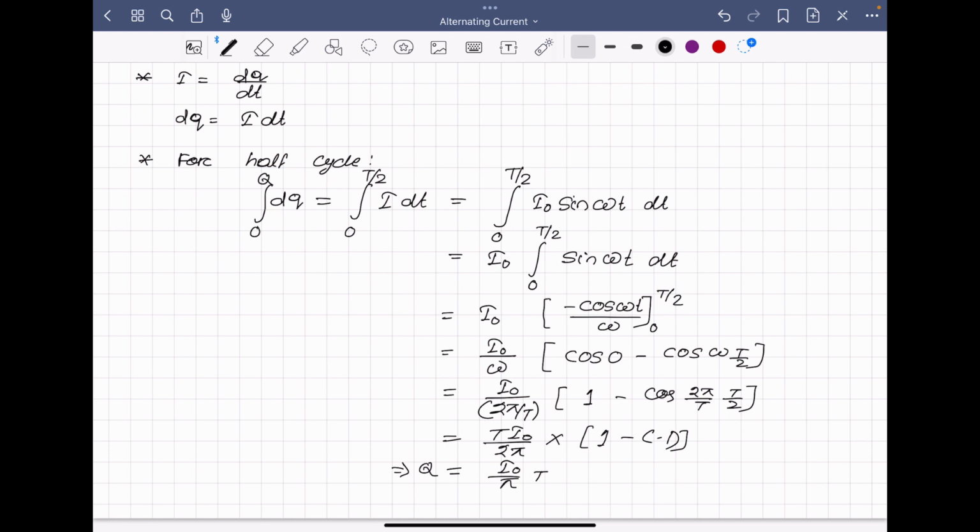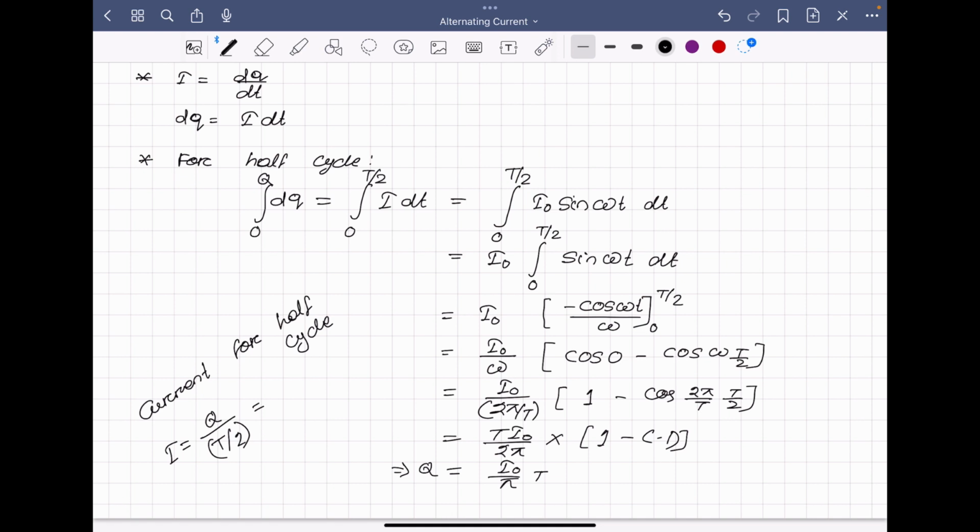So the current for half cycle, I equal to q upon, for half cycle we have to take time T by 2. Just remember this one.